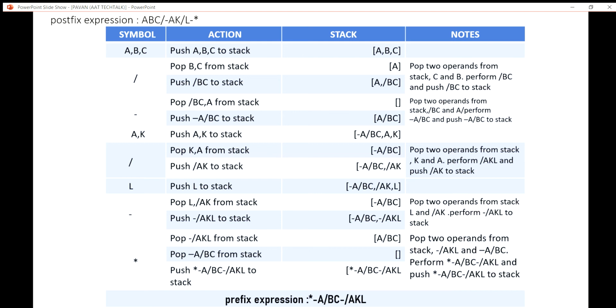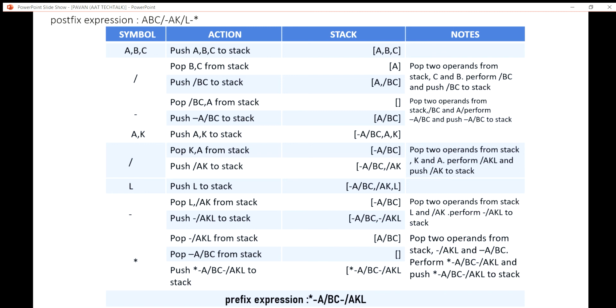Next we have A, K as operands, so push A, K to the stack. In the stack we will have -A/BC, A, K. The next we have the division operator.